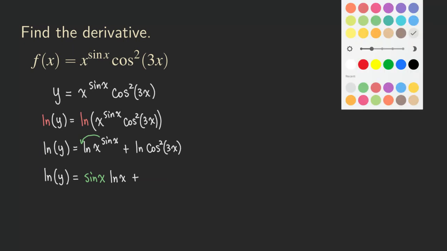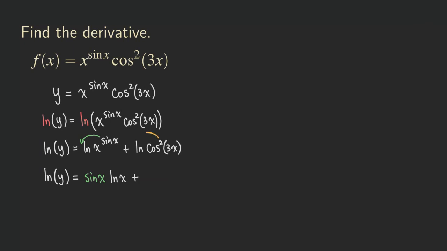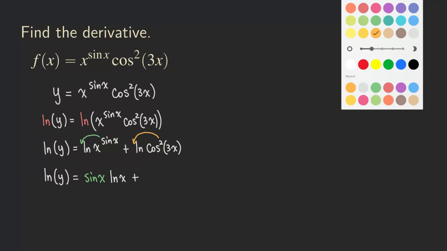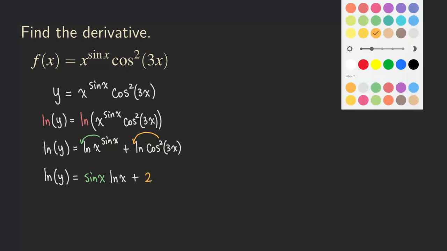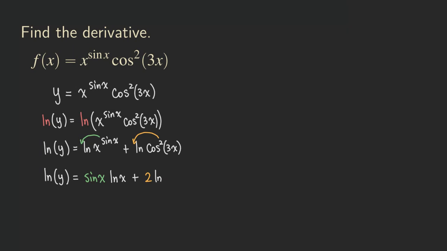Plus, now we also want to bring this square to the front, right? Because that square is actually applied to the cosine, and cosine is inside the log function, so we can bring the square to the front. So we are going to be getting the 2, and then ln of cosine, no more squares, so just cosine of 3x. Now the cosine function is entirely inside the natural log function.